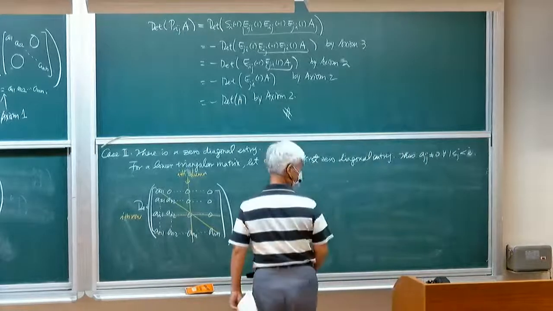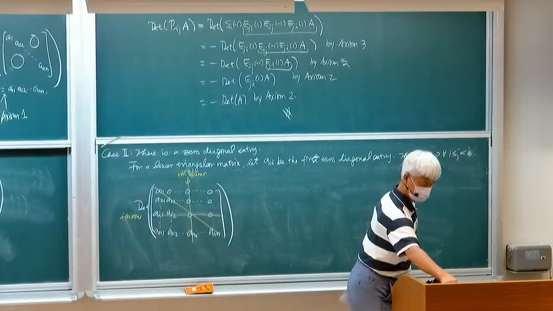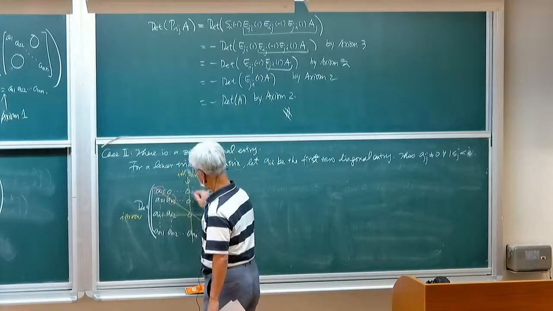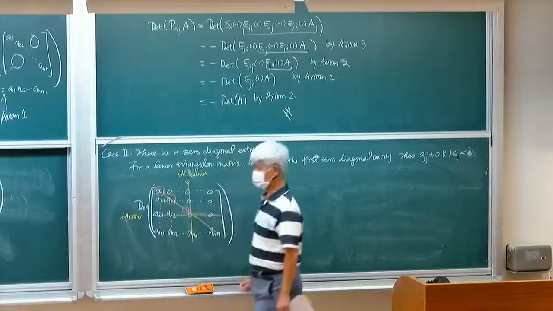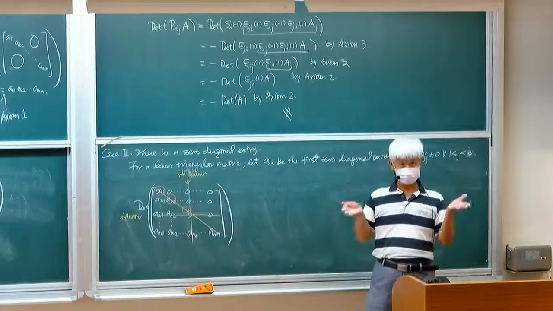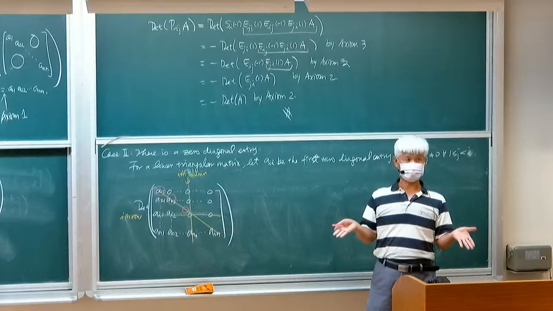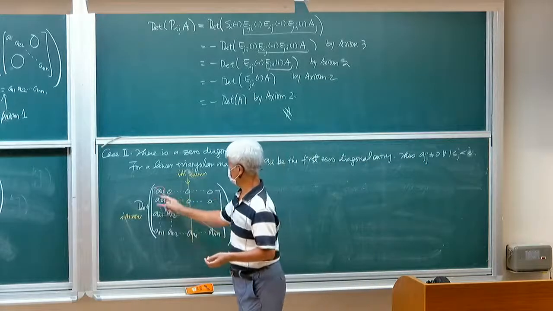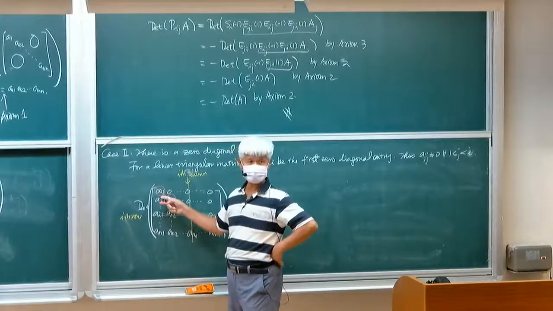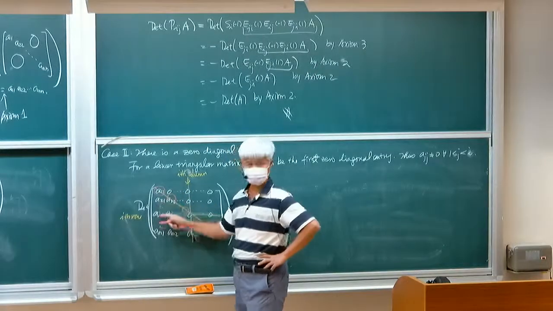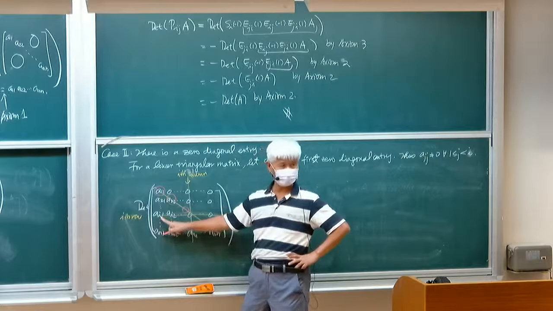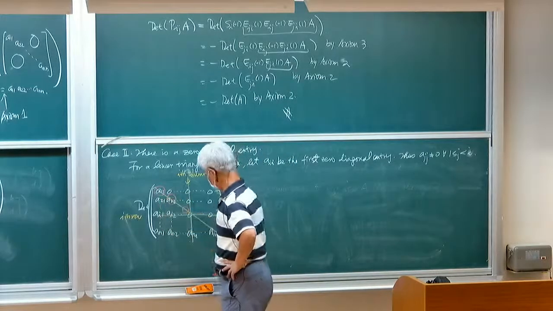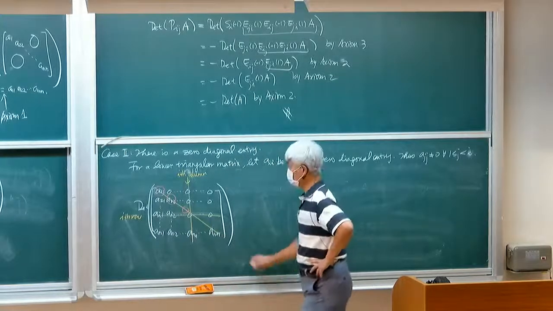So all these entries are non-zeros. Now, with non-zeros, we can use a_11 to eliminate all the non-zero entries down to a_i1. So we can eliminate them to 0.